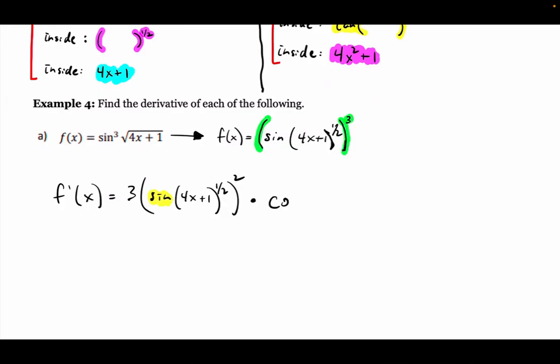So it's going to be cosine of what? Everything rewritten. So now I'm just focused on the inside. The 3 and the 2 power, I'm done with. That I'm not going to touch anymore. So it's 4x plus 1 to the 1/2 power. Chain.